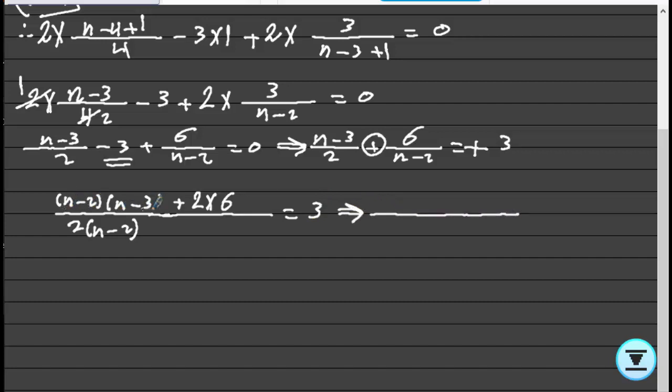n minus 2 multiply n minus 3: n multiply n, it is n power 2. Okay, negative 2n minus 3n, it is negative 5n.